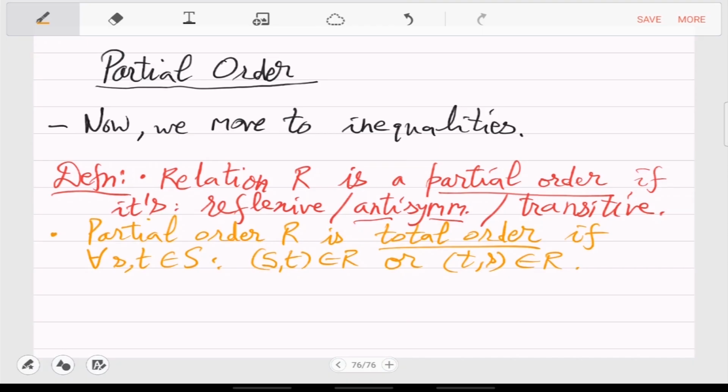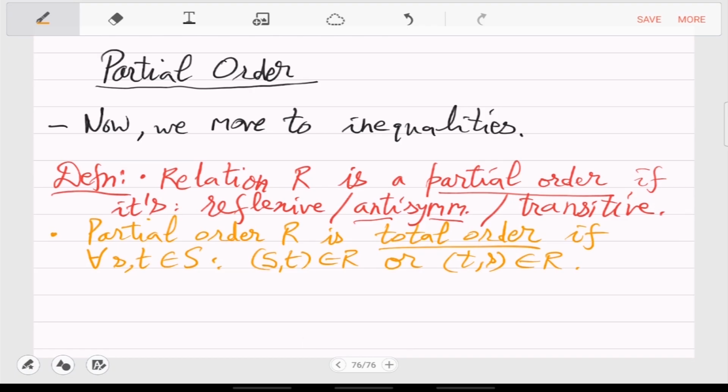And if both are, then they have to be the same. Yeah, so total order means that for any pair, exactly one of these pairs, ST or TS, is present. So these are the definitions.